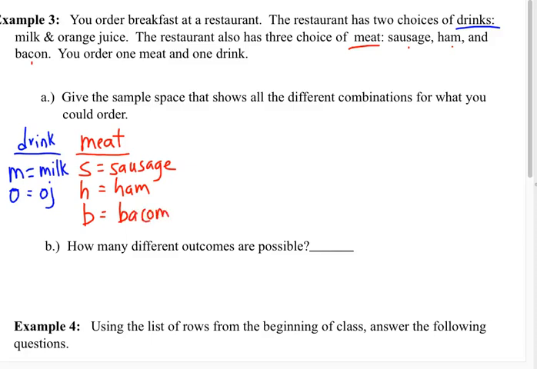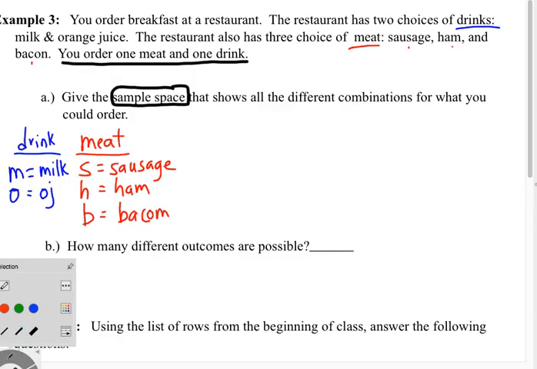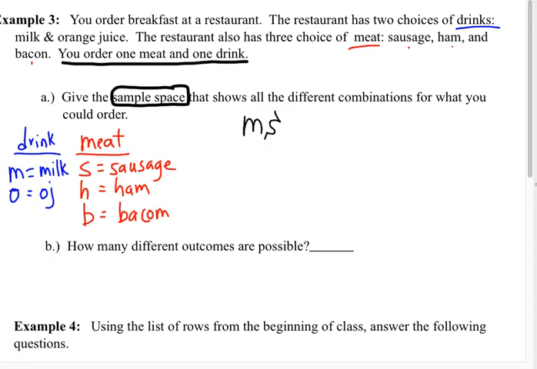All right. So, completing the reading, we are ordering one meat and one drink. I need the sample space that shows all the different options that I could do. Meat and drink. So what are they? Well, I could do milk and sausage. That's one way to do it.